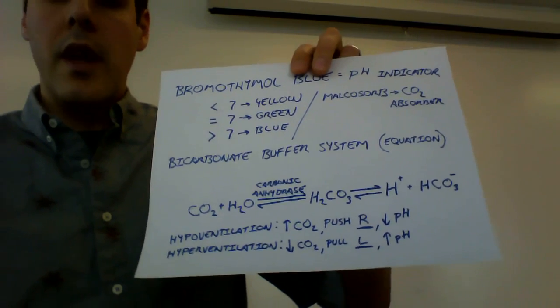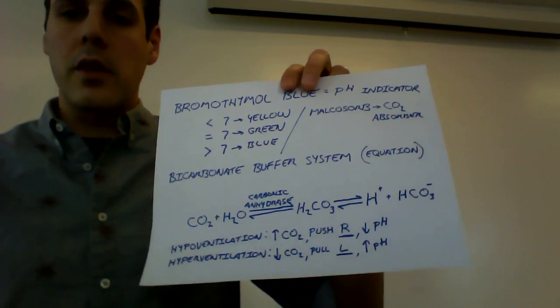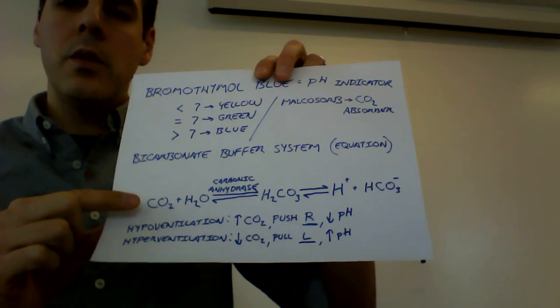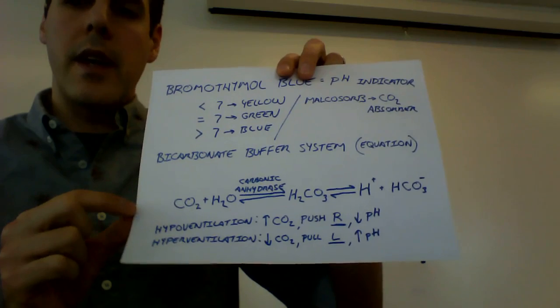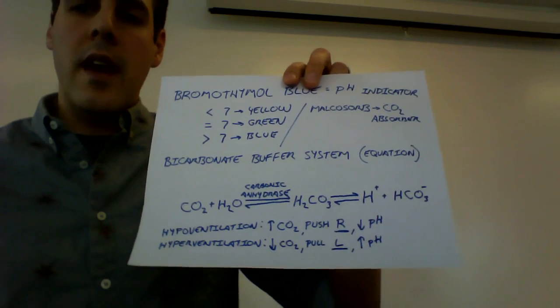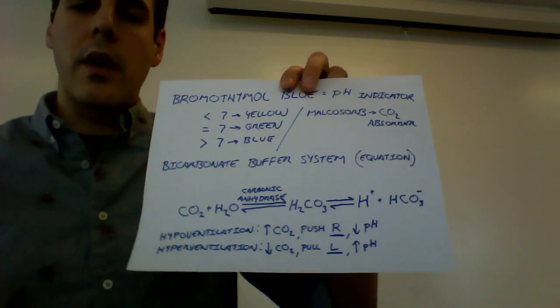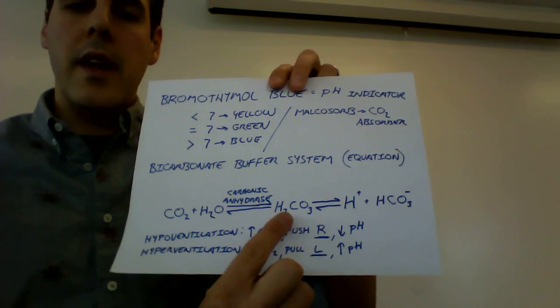However, we're going to do this reaction without a catalyst, and I'll show you how. Basically, when you have carbon dioxide in your body, it is essentially an acid because we're 70% water, and it's going to react with water and form carbonic acid.